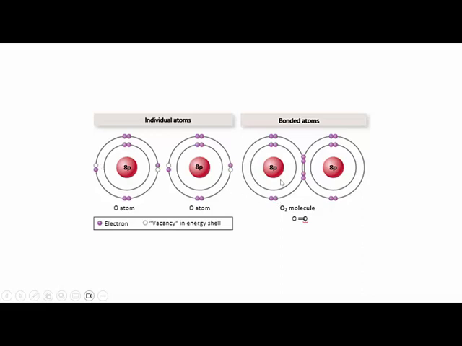So these 2 atoms of oxygen can actually share each other's electrons so that now the outermost shell is filled with 8: 1, 2, 3, 4, 5, 6, 7, 8, and that's the same for this atom as well. In this case, the 2 atoms are sharing 2 pairs of electrons, and so we call this a double covalent bond.